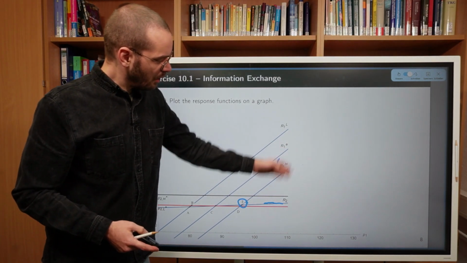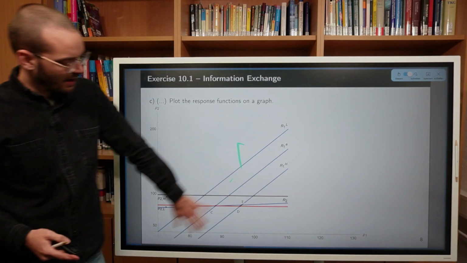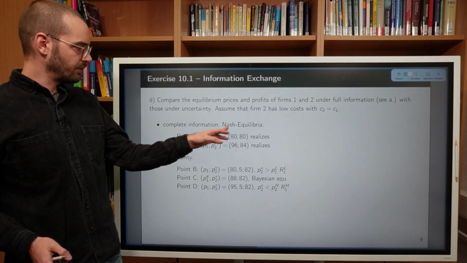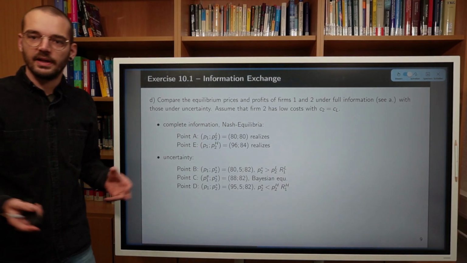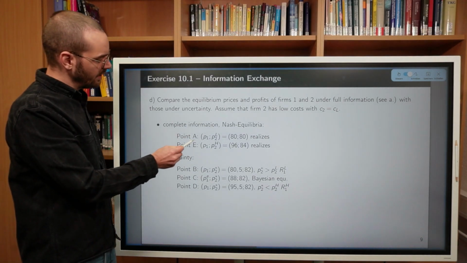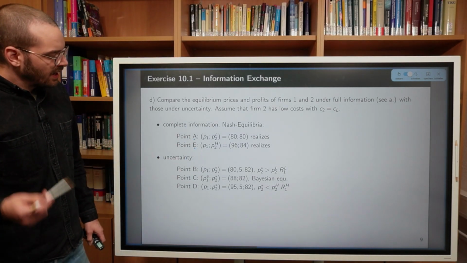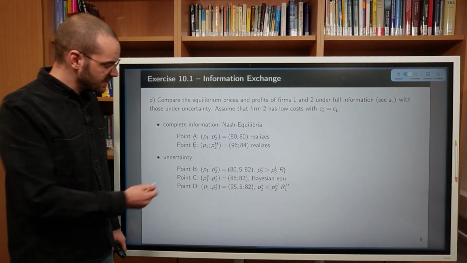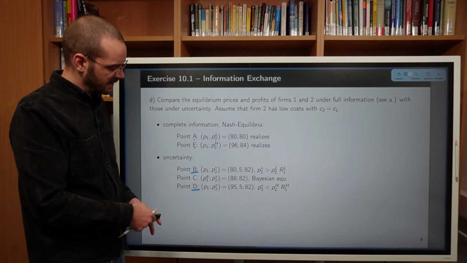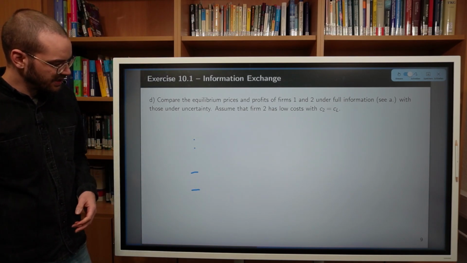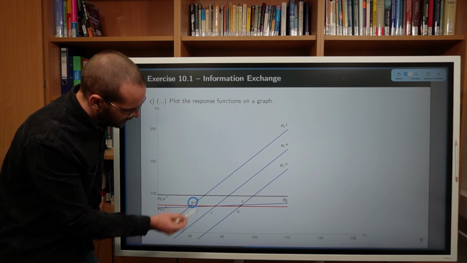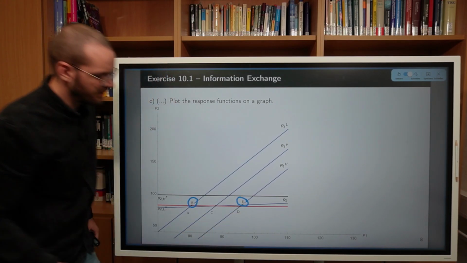So the results of task A are already in this graphic. So complete information, the Nash equilibria, right, the best responses to the best responses, Nash equilibria, are in point A and point E. Under uncertainty, however, we will see point B or point D. Let's start with these two, point D and point B, where this one down here, this one up here, right?